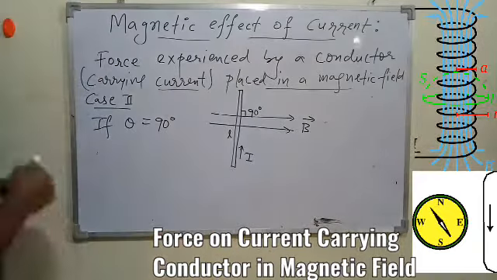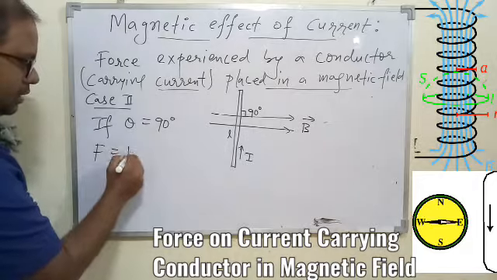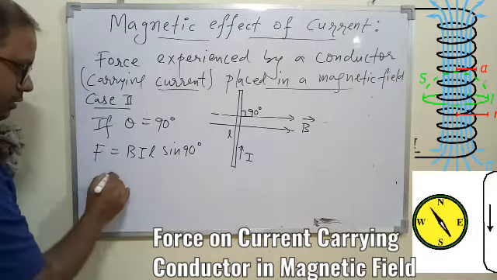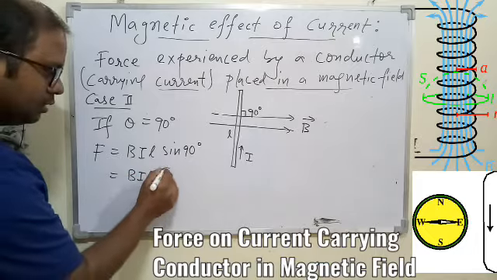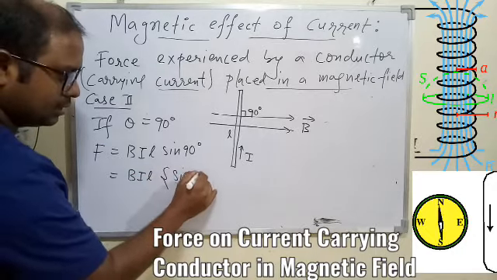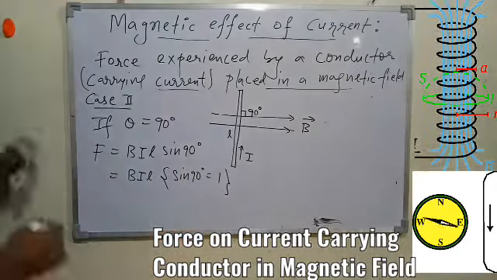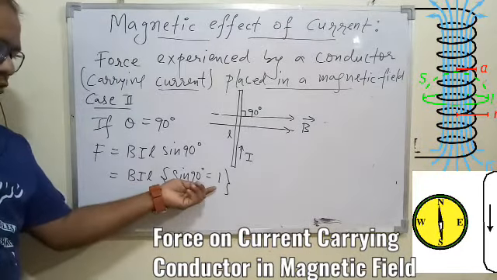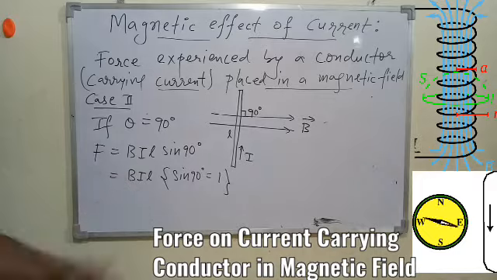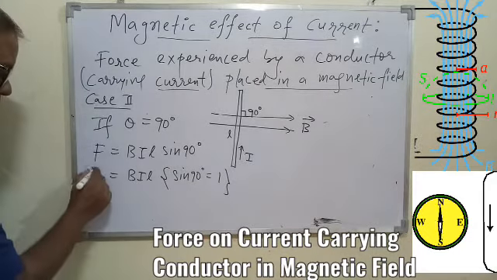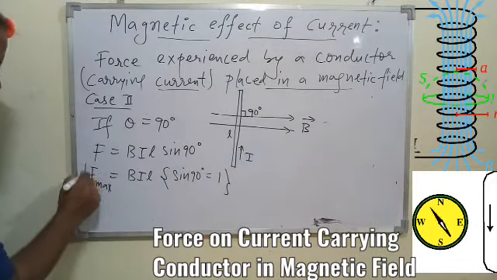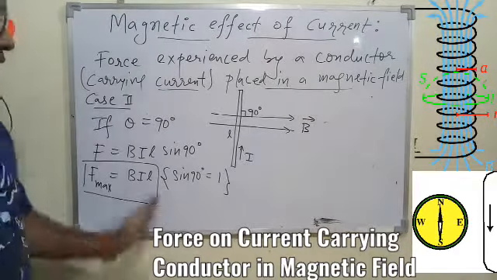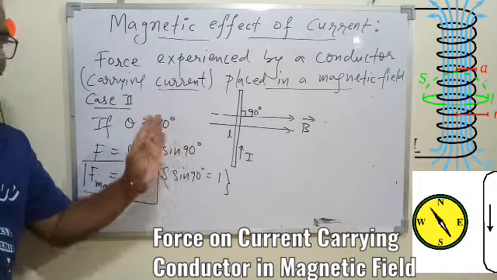So overall in this case, the force will be BIL sine 90 degree, that is BIL only, because sine 90 degree is 1. And we know the maximum value of sine theta is 1 only. So it is understood the maximum value of force will be BIL. So we can say this is nothing but F maximum.